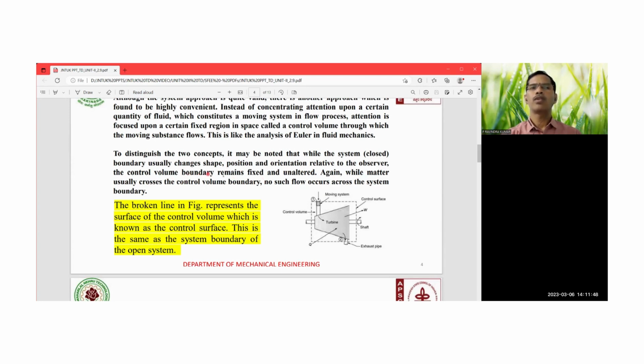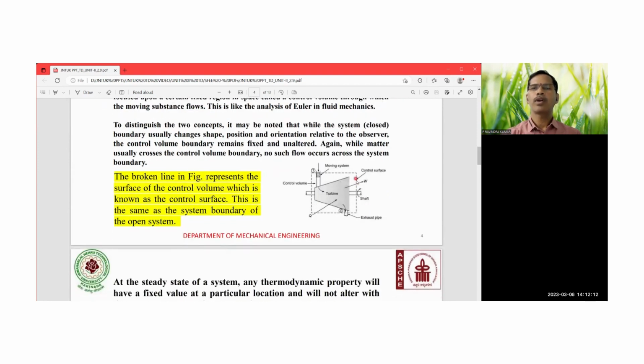Whereas the control volume boundary remains fixed and unaltered, while matter usually crosses the control volume boundary, and no such flow occurs across the system boundary.